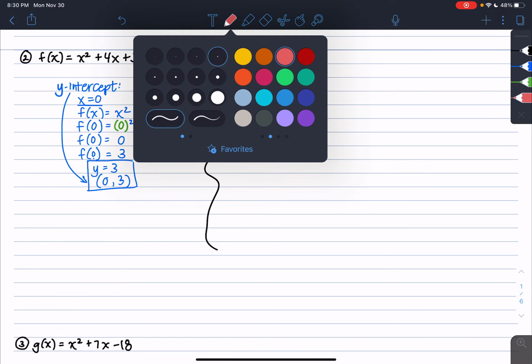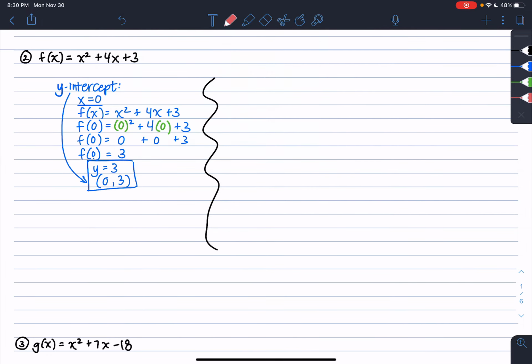But now let's look at our x-intercepts. Okay, so these guys occur when y is equal to 0. So I'm going to rewrite the function. So we get f of x equals x squared plus 4x plus 3.